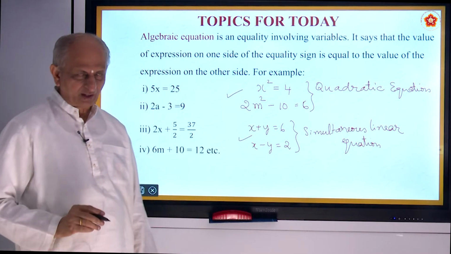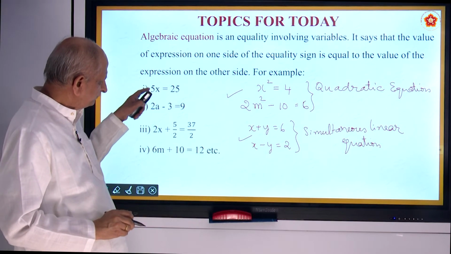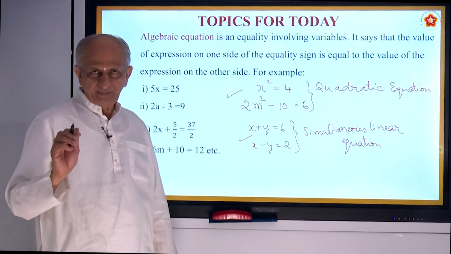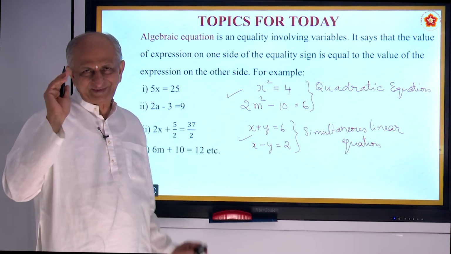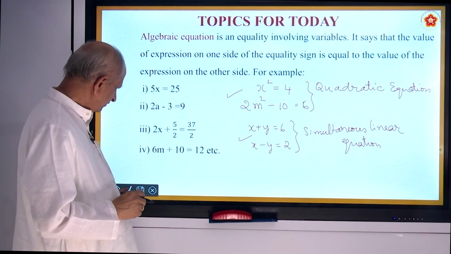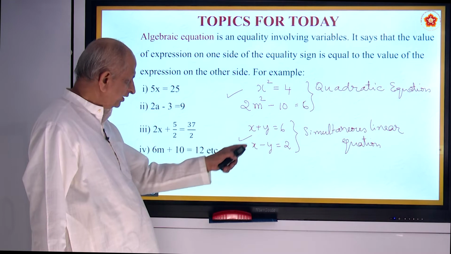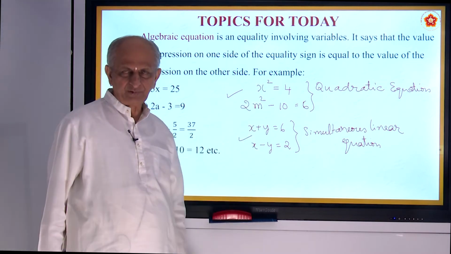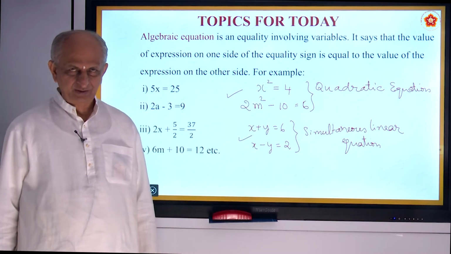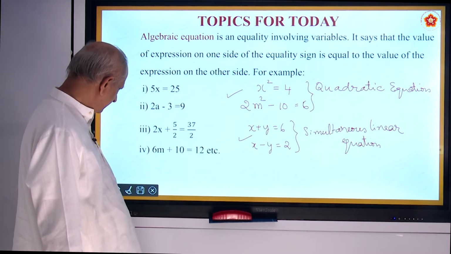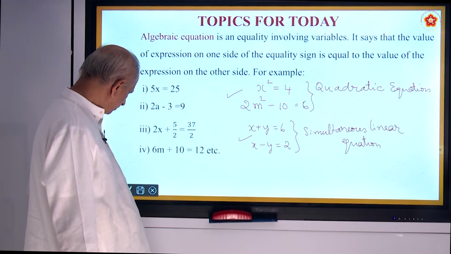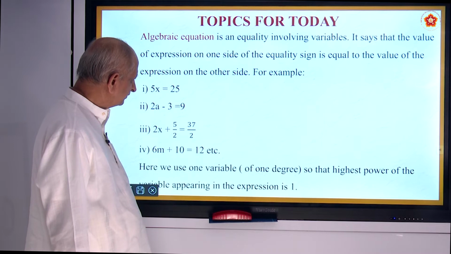Now our concern is only about one variable, one degree, very simple. So this is for information I give. So what are the different possibilities? Suppose the degree is 3, we call it a cubic equation. Now we will try to solve some problems on this.